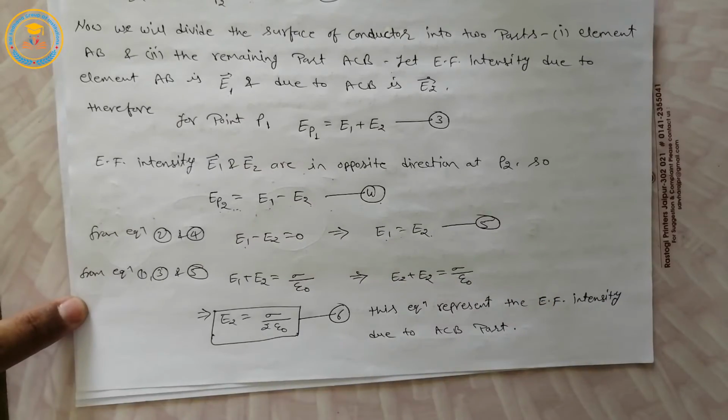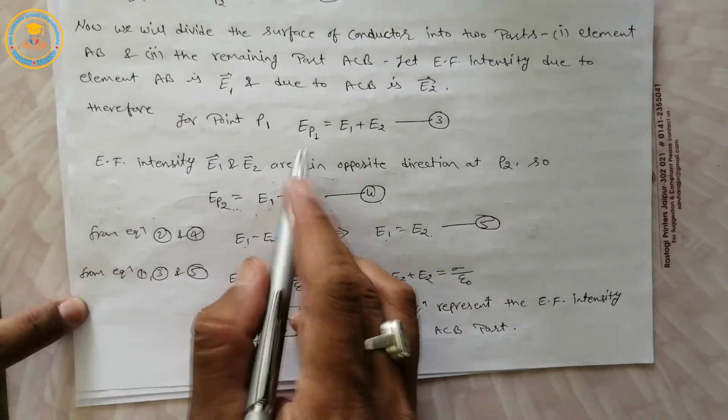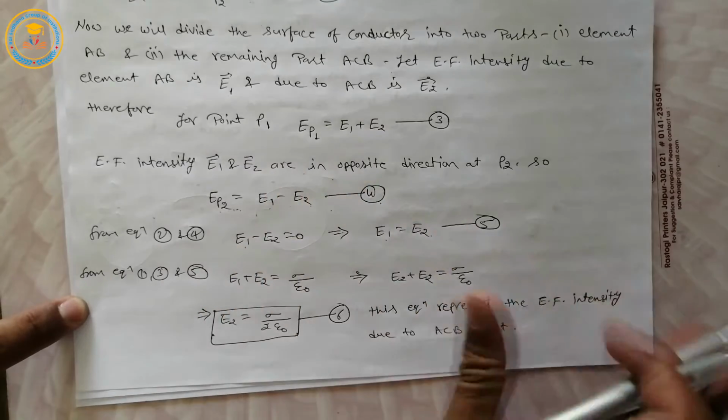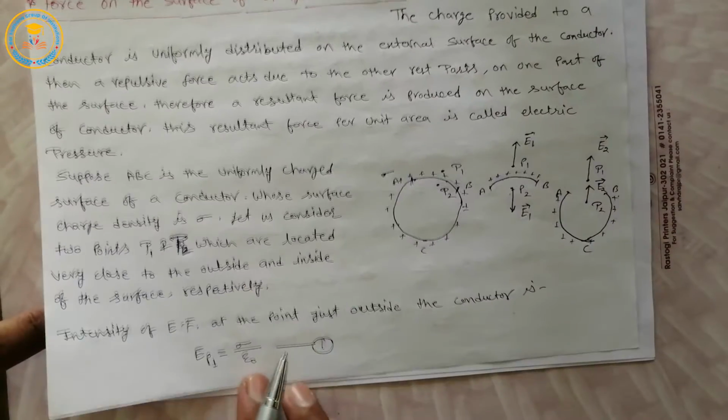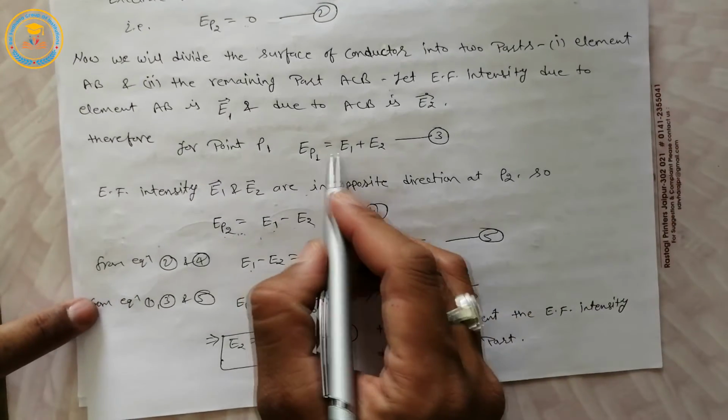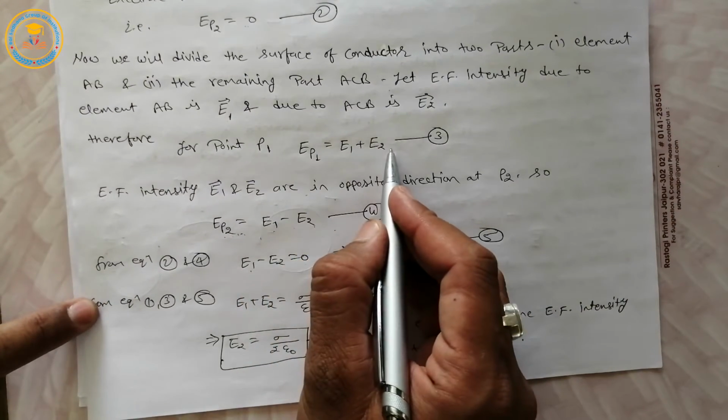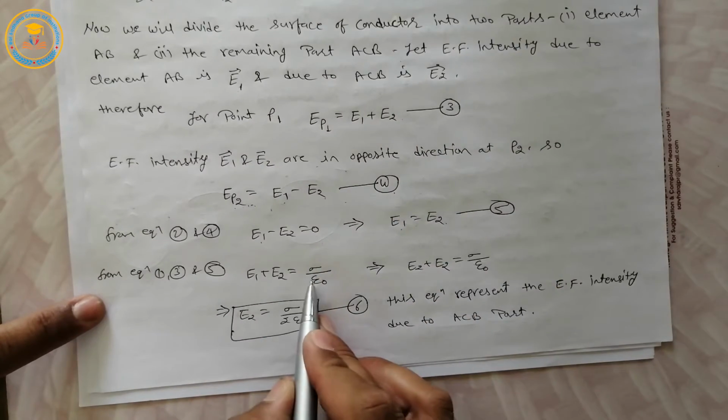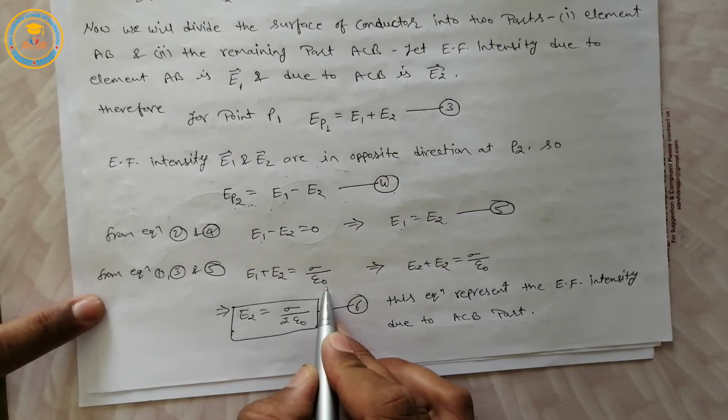From equations 1 and 3: equation 1 says EP1 is equal to sigma upon epsilon naught, and equation 3 says EP1 is equal to E1 plus E2. So E1 plus E2 is equal to sigma upon epsilon naught.